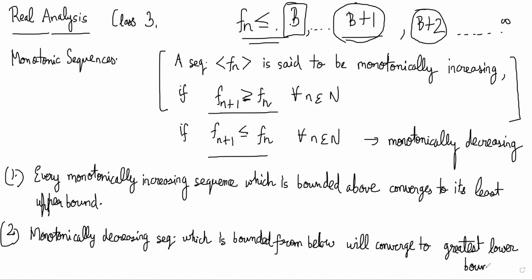This is just the opposite of the previous one. Here we are saying that if the sequence is monotonically decreasing, every time it keeps decreasing terms, and there is a lower bound, it never goes below a certain value. Then if you have one lower bound, obviously any number below that is also a lower bound. So there are infinite lower bounds, but one of them will be the greatest lower bound, and the sequence will converge to the greatest lower bound.